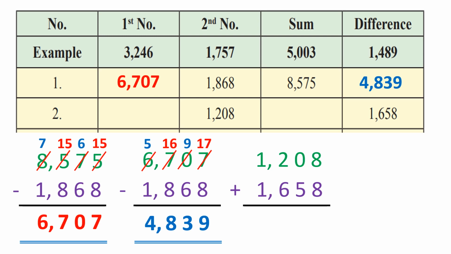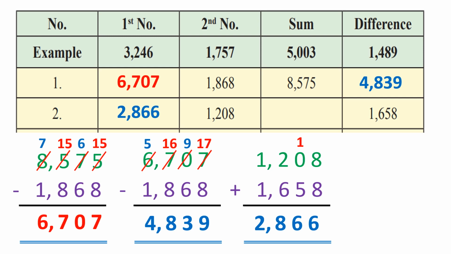Okay? 8 plus 8 is 16. You write here 6 and then carry 1. 1 plus 0 plus 5 is 6. 2 plus 6 is 8. 1 plus 1 is 2. Your answer is 2,866.